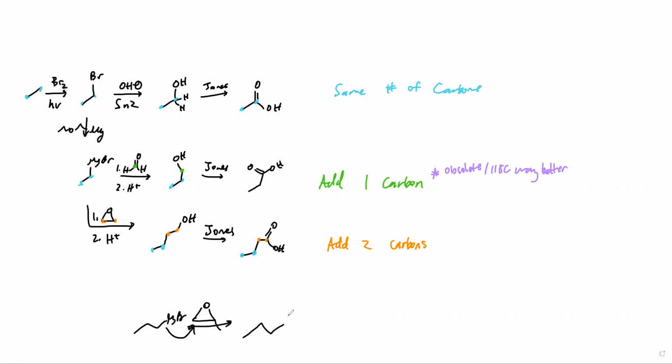But if it always attacks the less substituted side, then that means that we're always going to get a secondary alcohol. There's no way to get a primary alcohol out of this reaction, and therefore this reaction is not very good for making carboxylic acids, because even if I use Jones here, all I'm going to get is the ketone. That's not very good for our synthesis, right? We want to make carboxylic acids. Okay, so just things to think about on that.